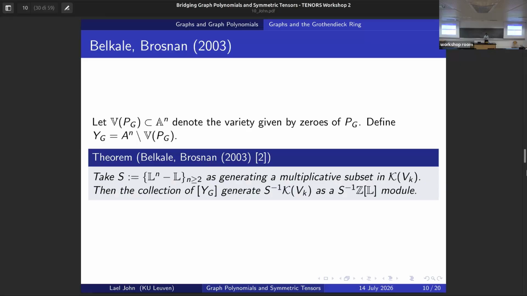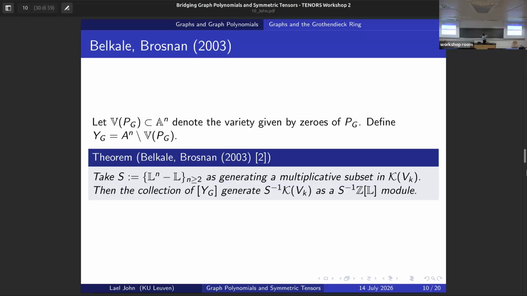So why do we care about the Grothendieck ring in relation to graph polynomials? Belkin and Brosnan in 2003 start by saying, let's look at the zero set of these graph polynomials in affine space and take their hypersurface complement. So I'm looking at Y_G, defined as A^N deleted the zero set of the graph polynomial.